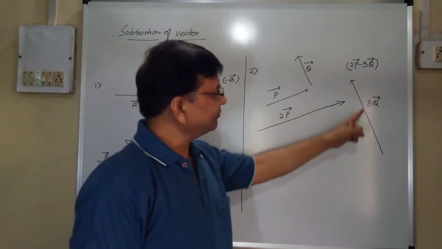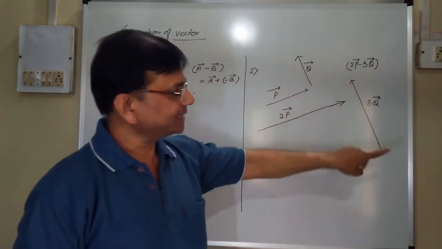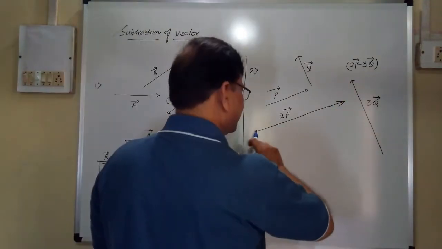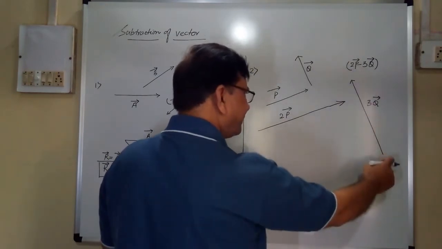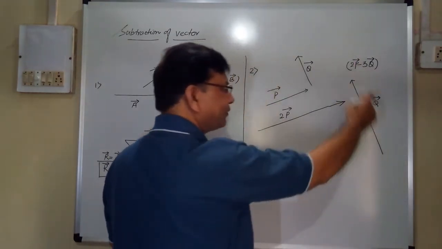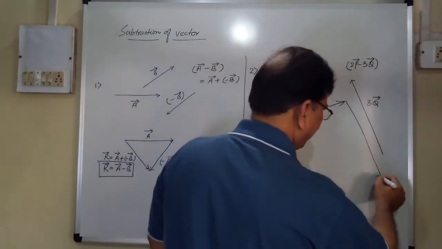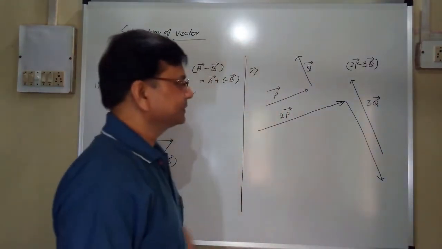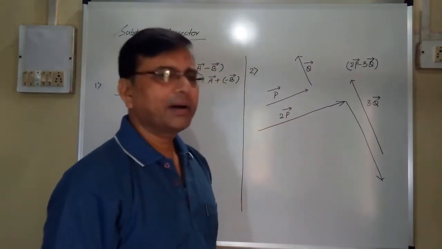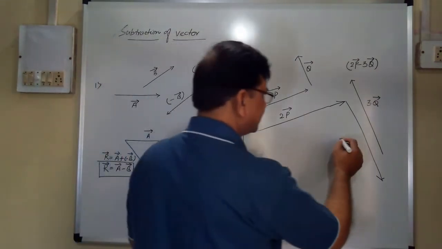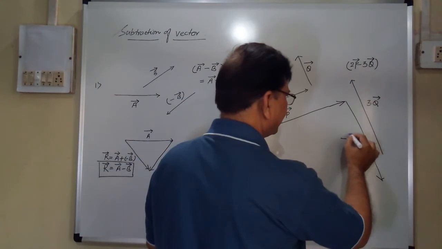So for that we want minus 3Q, means direction will be reversed. So this is 2P, and for 3Q direction will be reversed and that will be parallel to this. So I will draw a vector like this. This vector will represent minus 3Q.